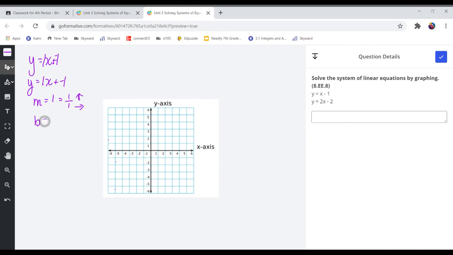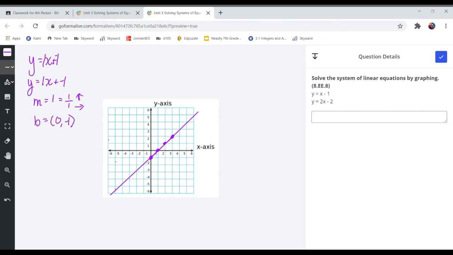Then my y-intercept is at 0, -1. So I'm going to start at 0, -1, and then go up 1 to the right 1, up 1 to the right 1, up 1 to the right 1. I'm going to draw a line that goes through my points in both directions.